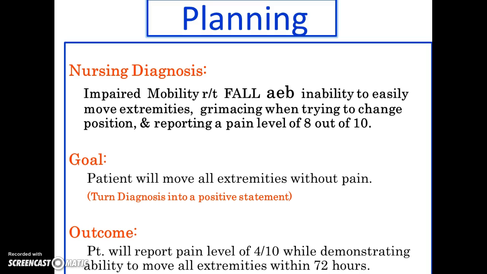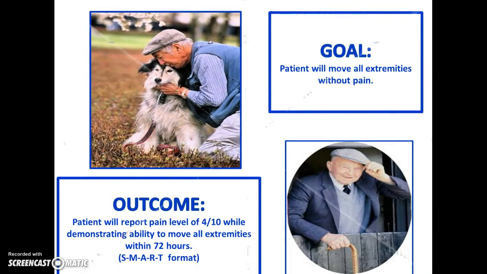Well, of the skin one. This one here is the impaired mobility related to falling, as evidenced by inability to easily move extremities, grimacing when trying to change position, and reporting a pain level of 8 out of 10. Let's go back to the previous slide real quick.